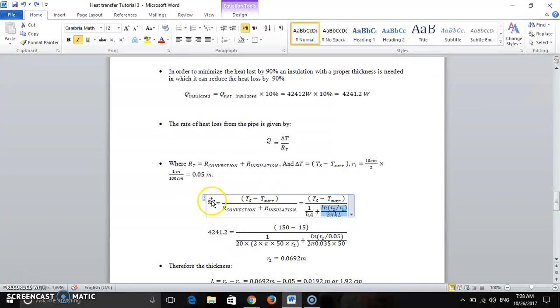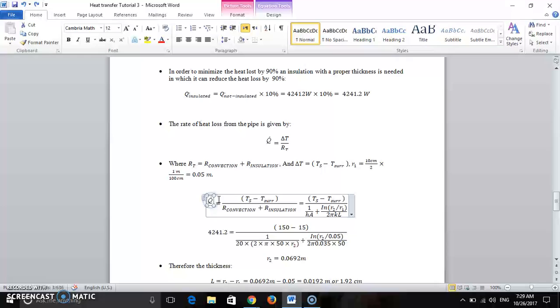We divide it by 2 and then convert it to meter. So the radius R1, the radius of the pipe without insulation, is 0.05 meter. And we want to find the radius of the pipe after we add the insulation, in order for us to calculate the thickness.